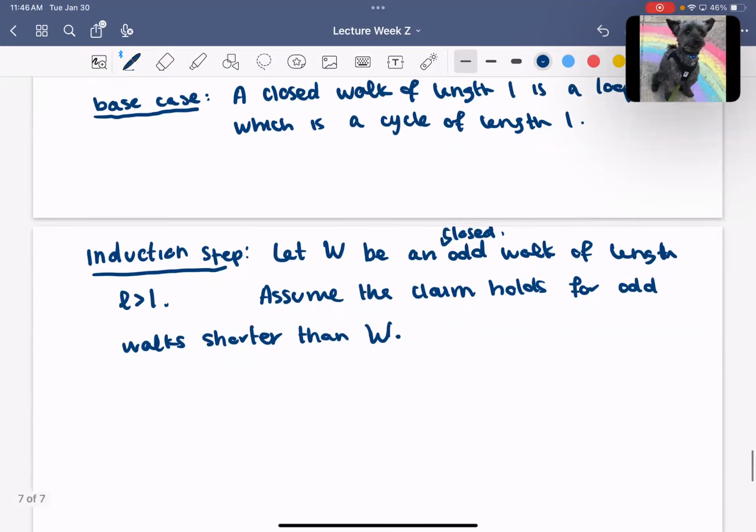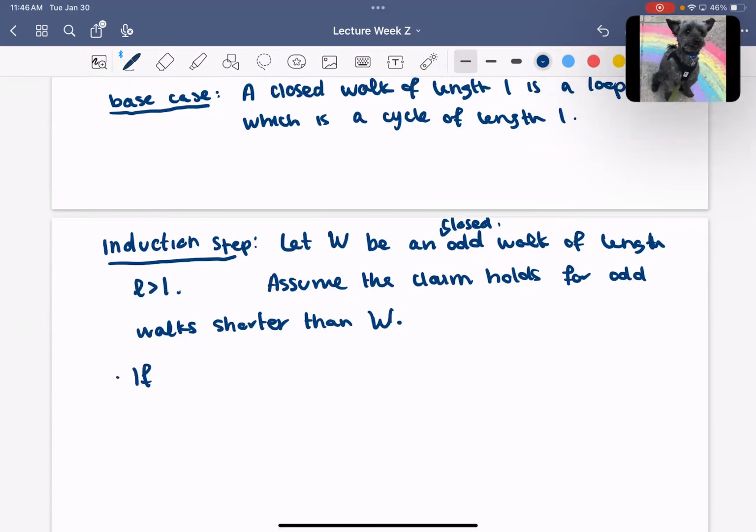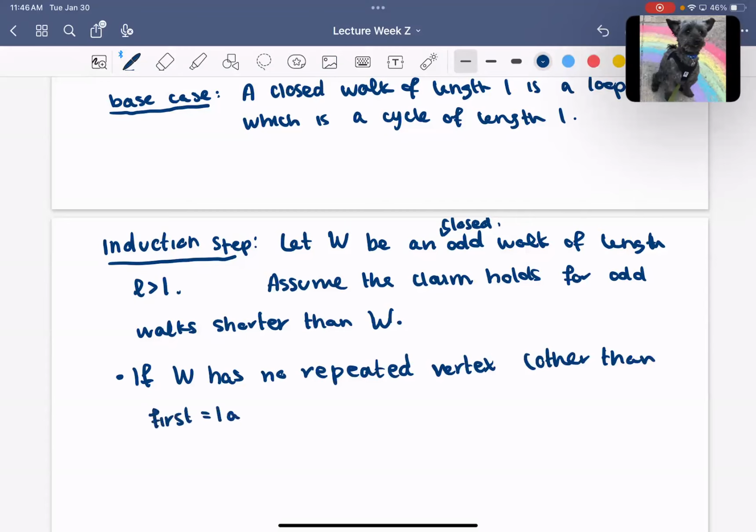So case 1, and this is going to be kind of similar to the proof that we saw before: if W has no repeated vertex other than first equals last, then W is already an odd cycle. Okay, do you all agree with this so far?